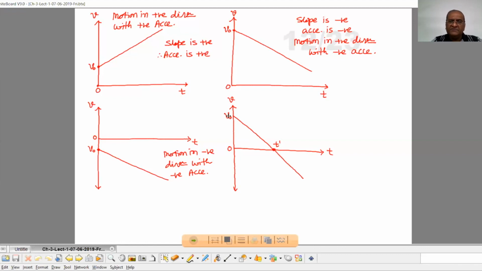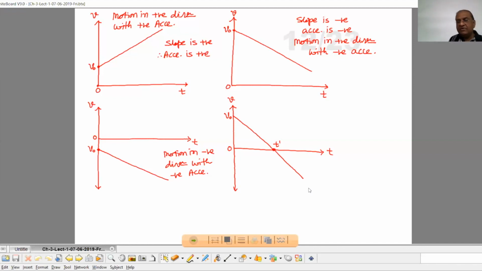Then this fourth graph. Here we can observe that at time t equal to 0 the velocity is maximum, then the velocity is continuously decreasing. At a particular instant it becomes 0, and then the direction is changed. This is positive direction, this is now negative direction, and then velocity is increasing. So this type of graph is for the motion of an object which is thrown vertically upward.